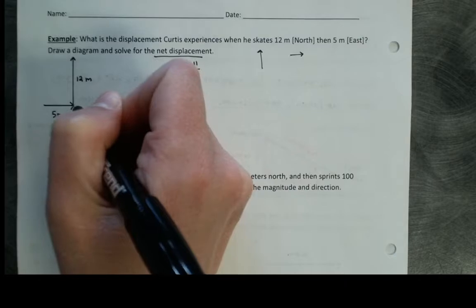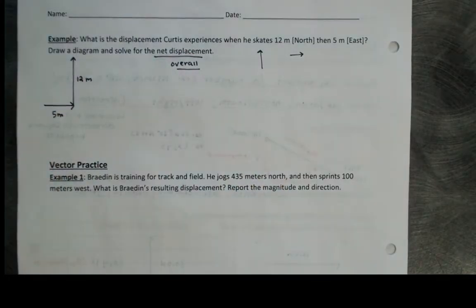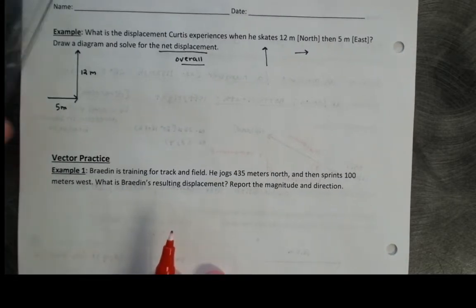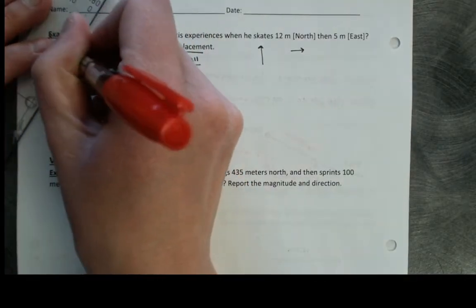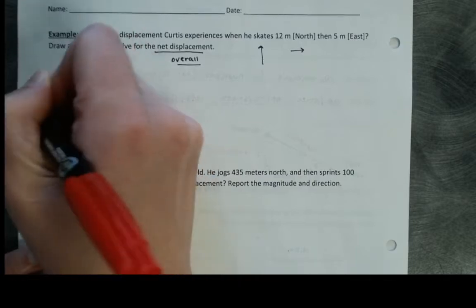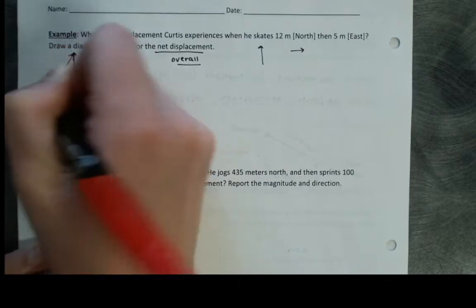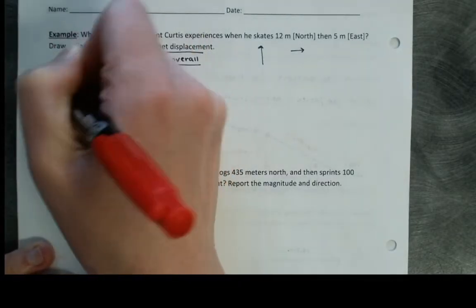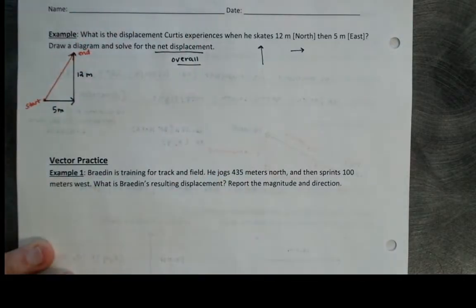So if he went 5 and then he went 12, he traveled a total distance of 17, but his actual displacement would be represented by this distance. So this is how far he is from where he started. If he started here and he ended here, this direct line represents the displacement.